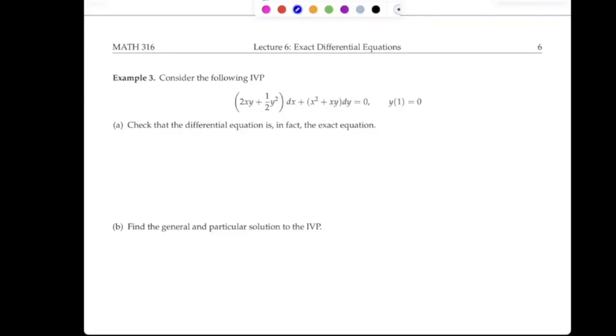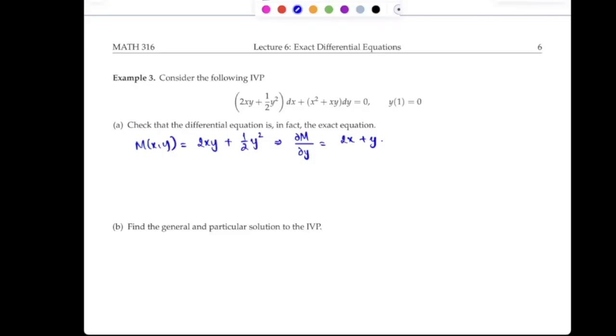Example 3: check that the differential equation is in fact exact. Capital M of x, y is equal to 2xy plus 1/2 y squared. So partial M partial y is equal to 2x plus y. I'm going to speed up a little bit because, as you see, they are very repetitive. You just need to follow the procedure closely and be careful with the calculations.